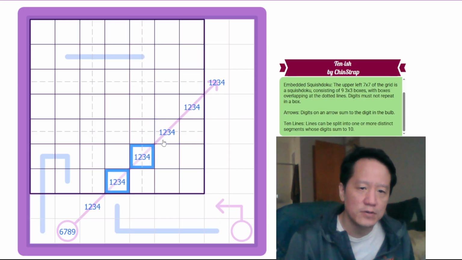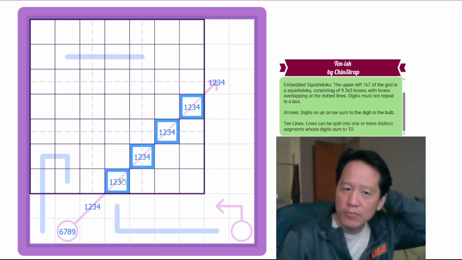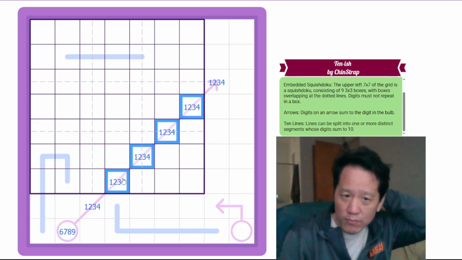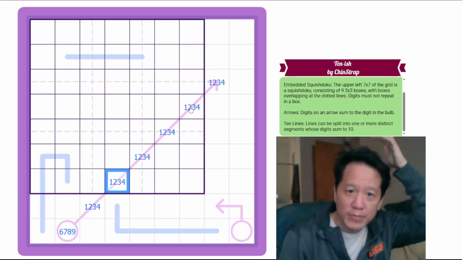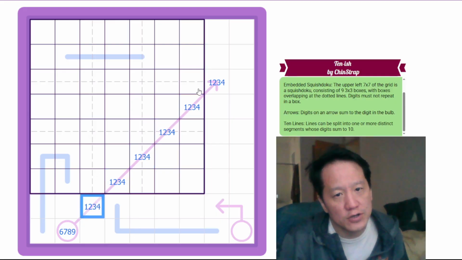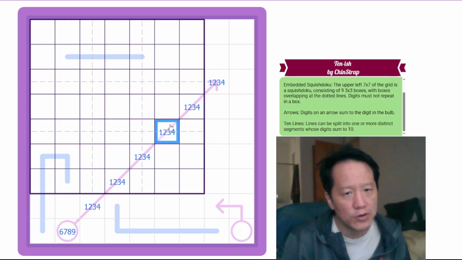Okay, so how does this squish doku work here? What's the minimum amount for these digits? For these 4, obviously you could have 1 and 1 here, but you could have 1, 2, 1, 2.